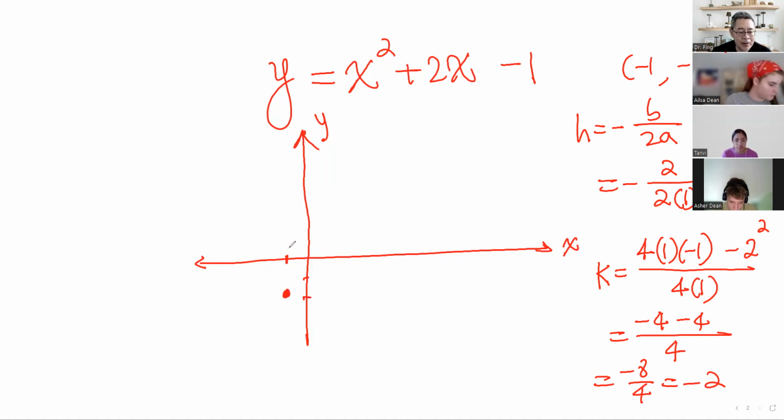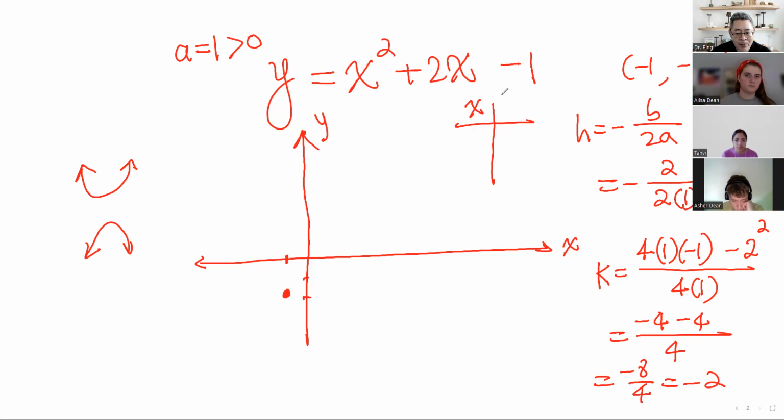Now, we want to know, is it concave up or concave down? We can see that a is 1, which is positive, so it's concave up. And if you're not quite sure, you can always just plug in another point. If you want to write it out, this is our xy.